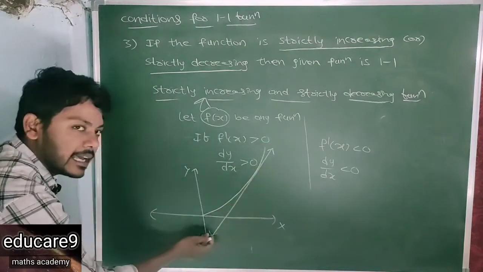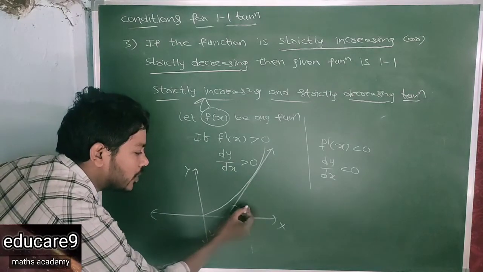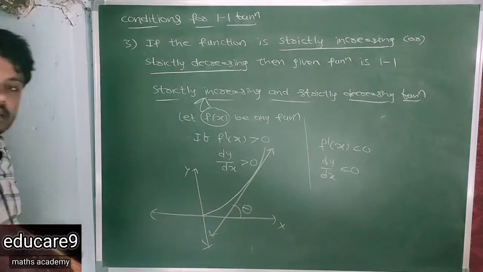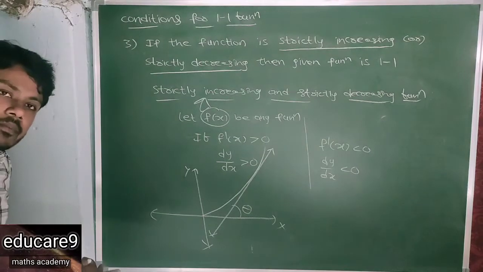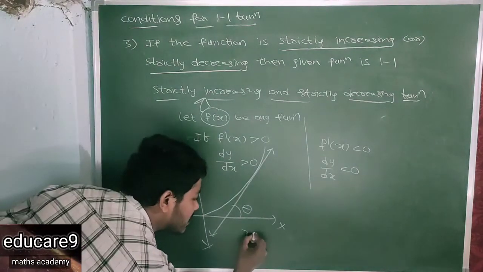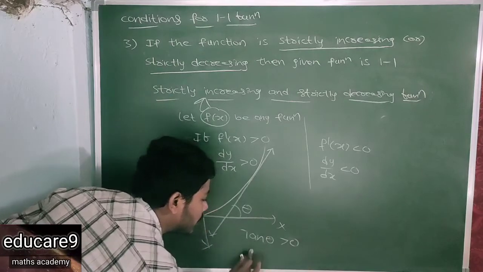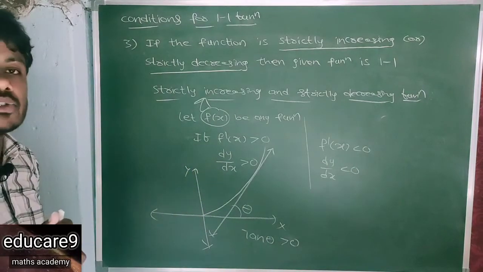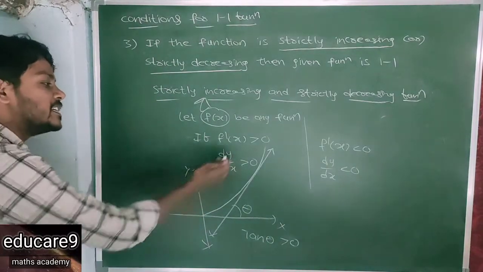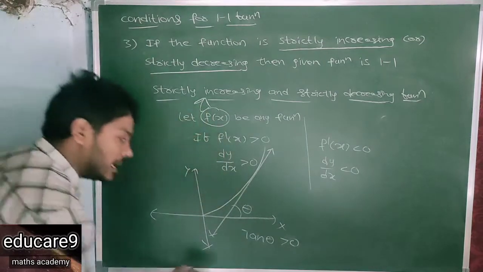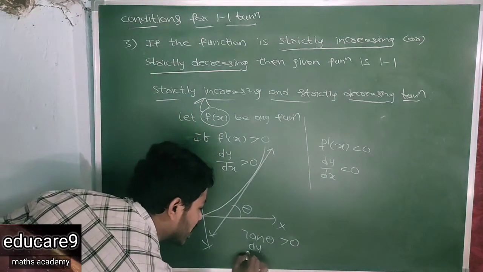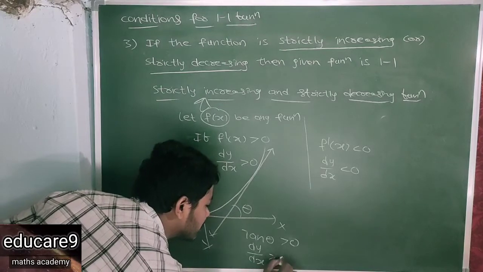This tangent line makes an acute angle with the x-axis. So acute angle means tan theta is greater than 0. What is tan theta? Slope only, no? Slope is denoted by dy by dx. Therefore, dy by dx is greater than 0.